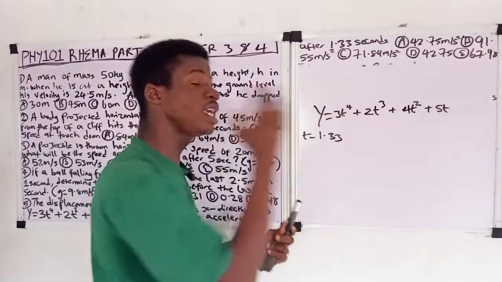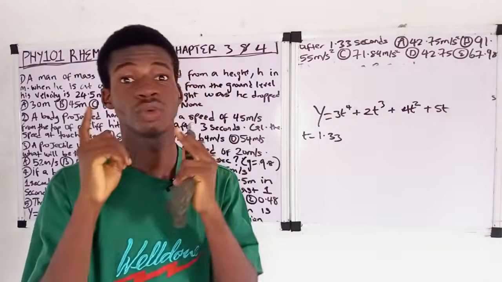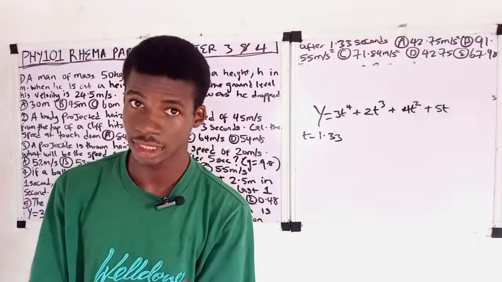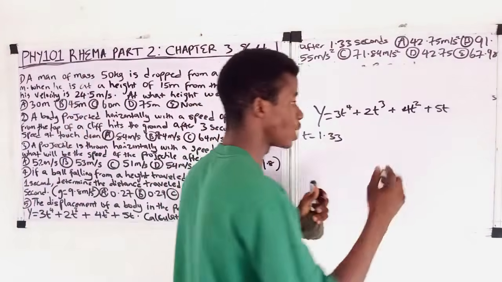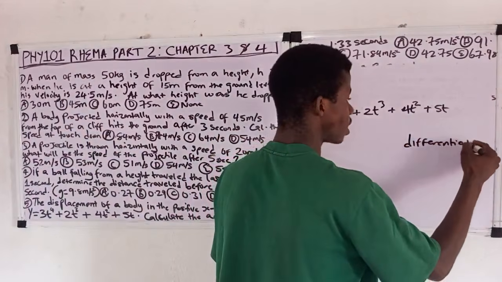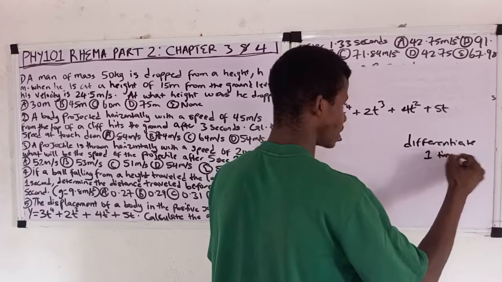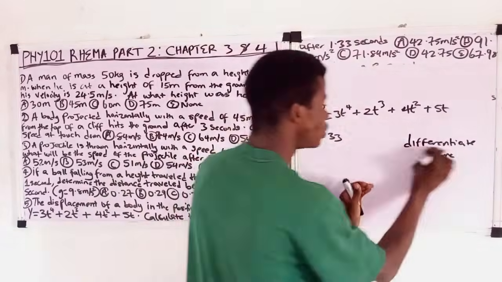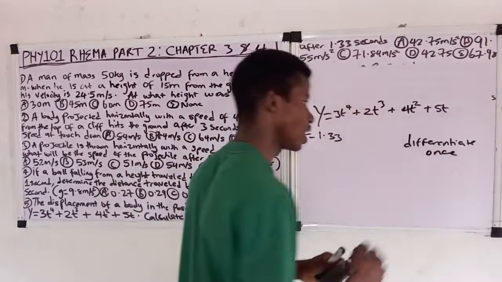Please take note, if they ask us to calculate for velocity, we will differentiate once. We input the time, we put 1.33 in wherever we see t, and get our answer.